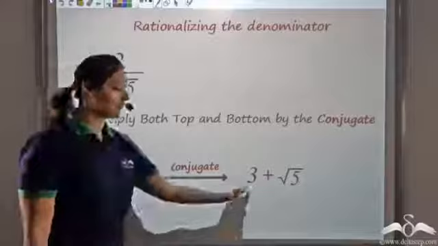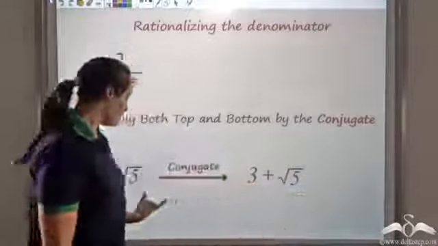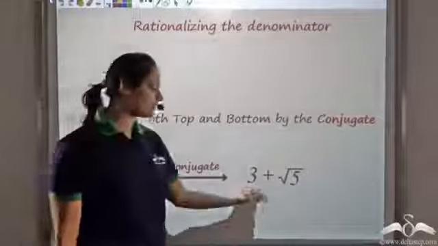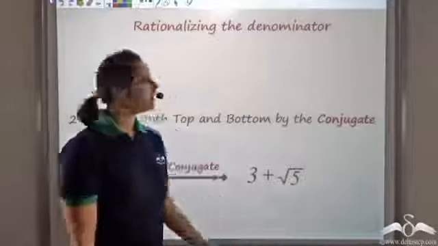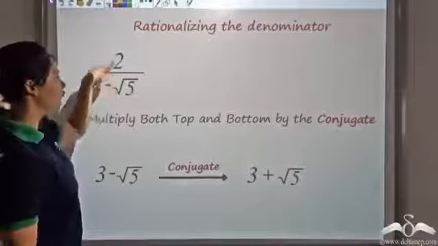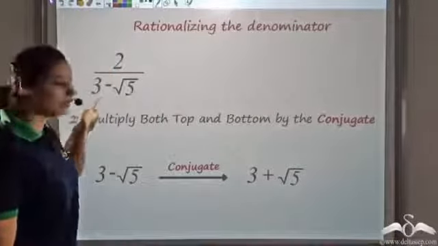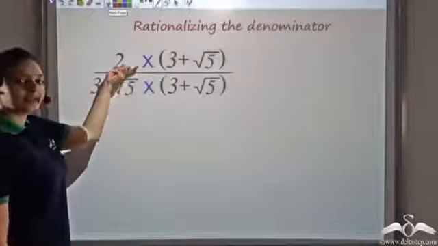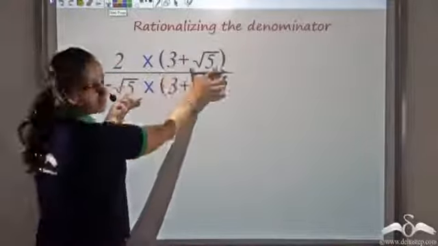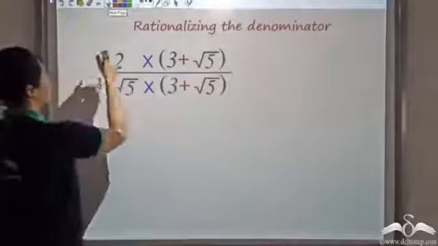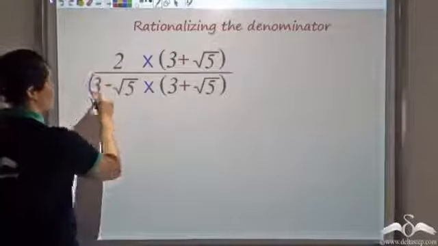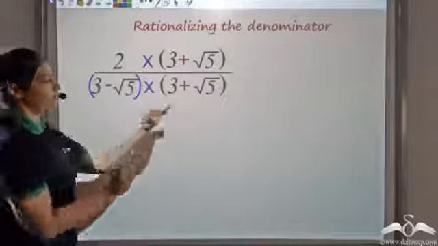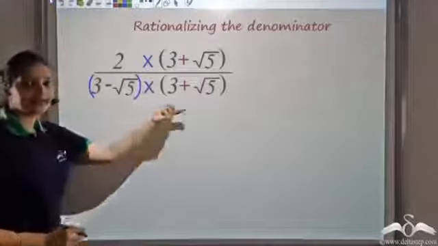The other two terms remain the same. So the conjugate of the denominator is 3 plus under root 5. Now I multiply both my numerator and denominator by 3 plus root 5. Here the entire denominator has to be multiplied by 3 plus root 5. So this is what I get.